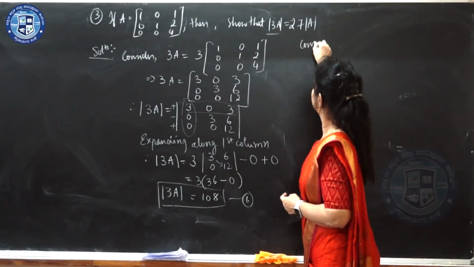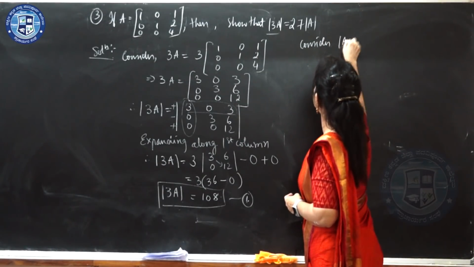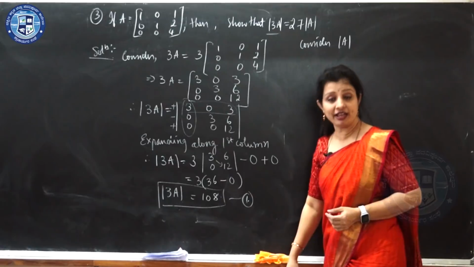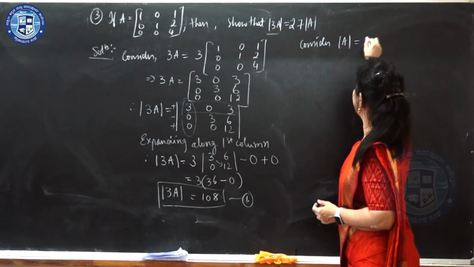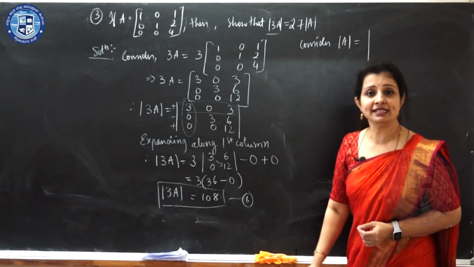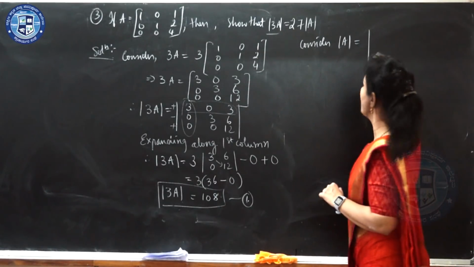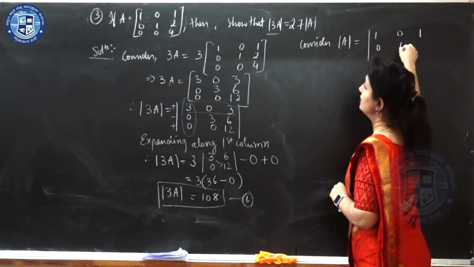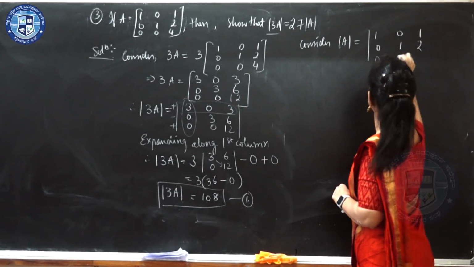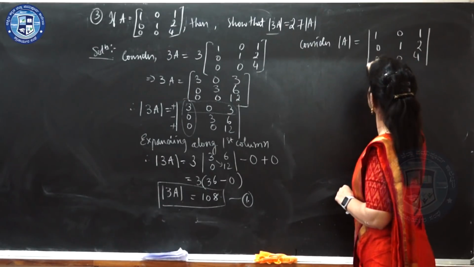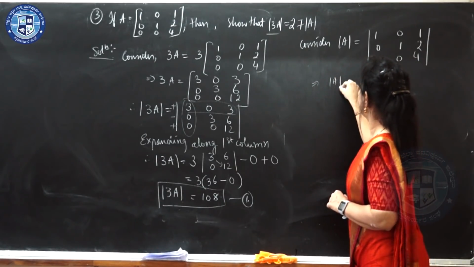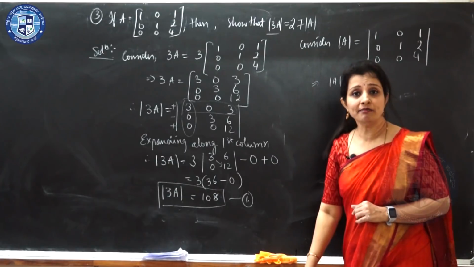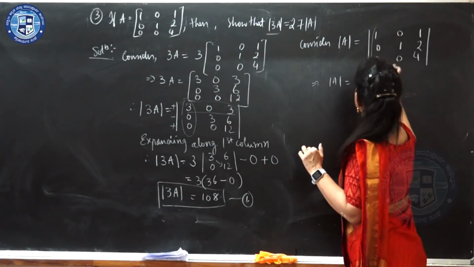Now consider what is the value of determinant of A. Then we multiply it with 27. Determinant of A is, the matrix A is given, write it in the determinant form, 1 0 1 0 1 2 0 0 4, which implies determinant A is, here also the first column has the maximum number of zeros.